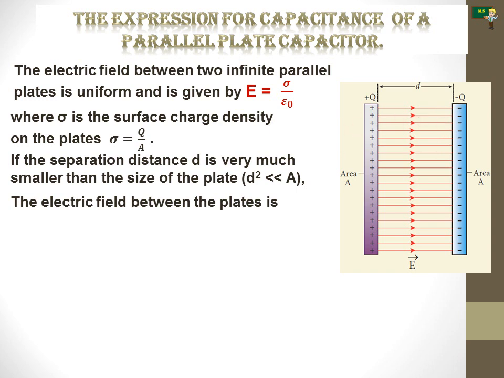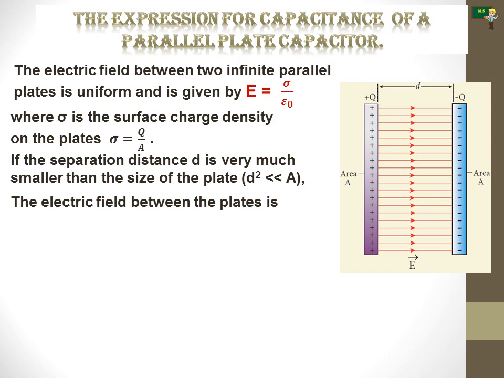Now the electric field between the finite parallel plates is E equal to sigma by epsilon naught, where sigma is the surface charge density on the plates and sigma is equal to Q by A, that means the charge divided by the cross sectional area.